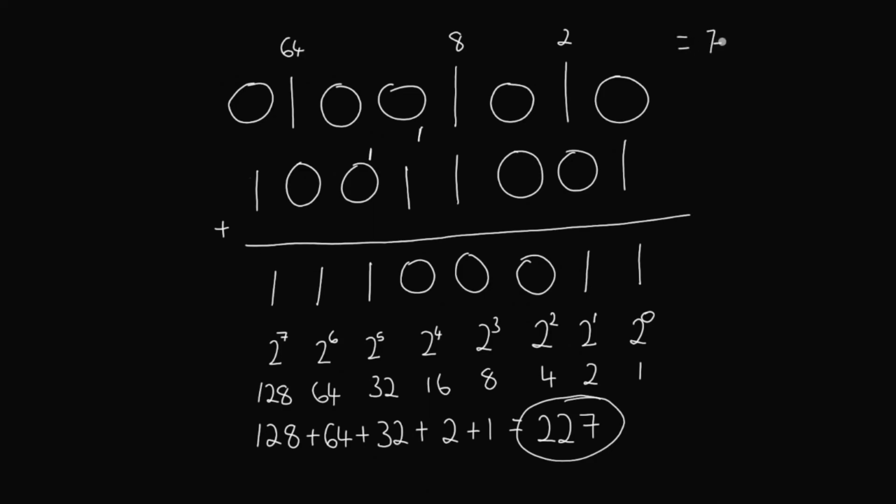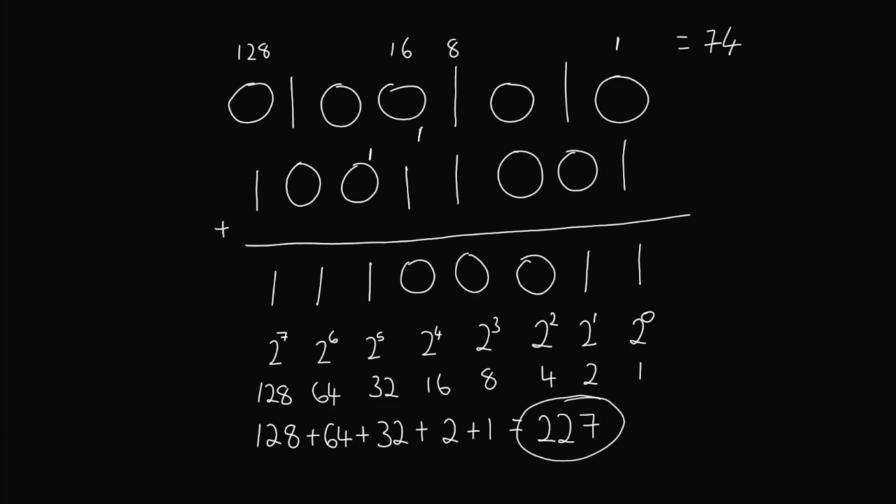So if we add the number 64 plus 8 plus 2, we would get an answer of 74. And if we erase this and we do the same for our second binary number, this is not something that you have to do, but it's always good if you just want to make sure that the answer that you got is correct. So again, looking at here, we can see there's a 1 here. So this is the same as saying 128 plus this number here, which represents the number 16. We've also got a 1 here, so that's 8, and this 1 here, which is equivalent to 1.